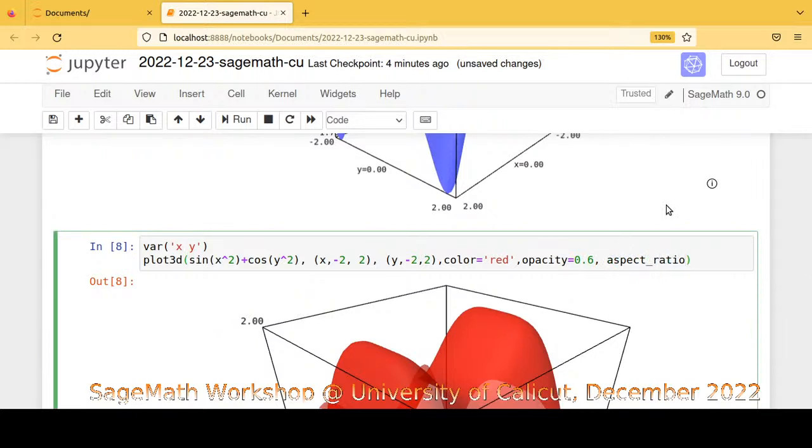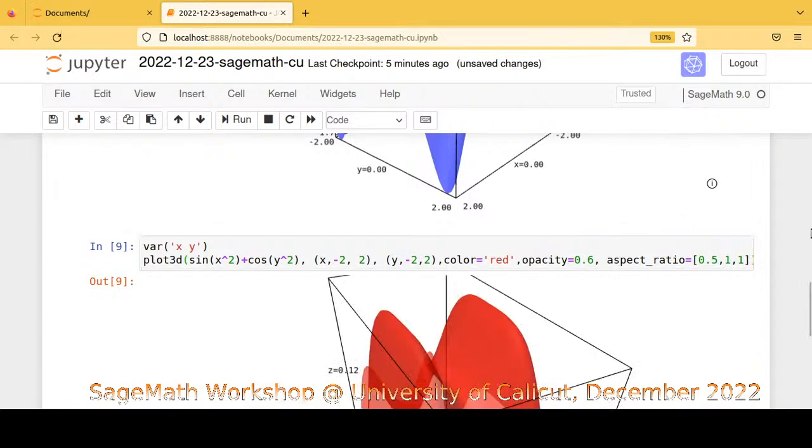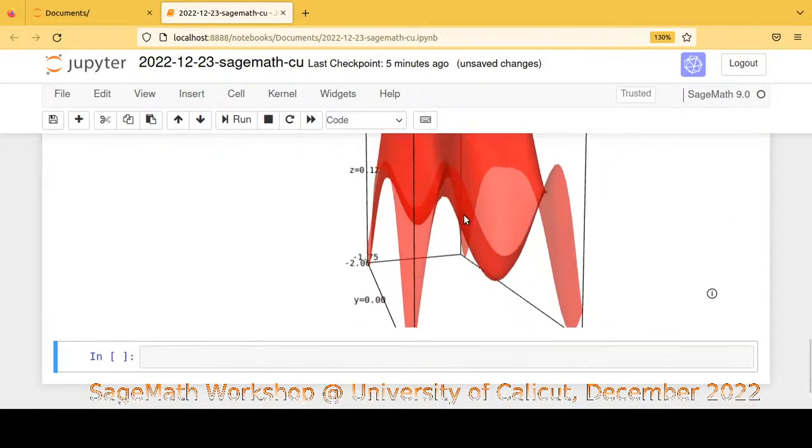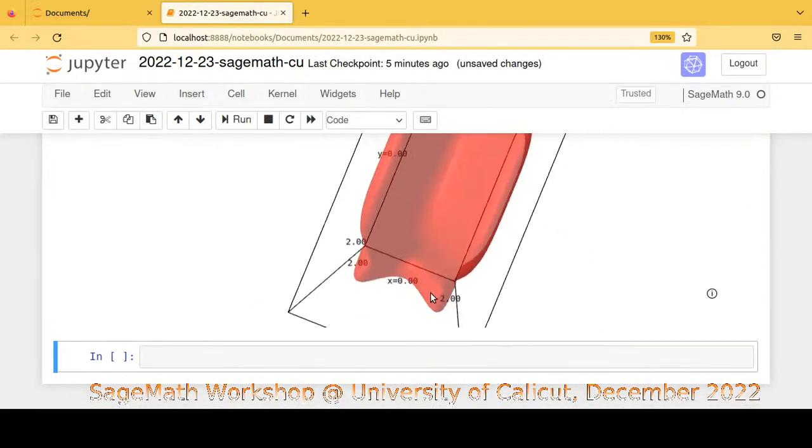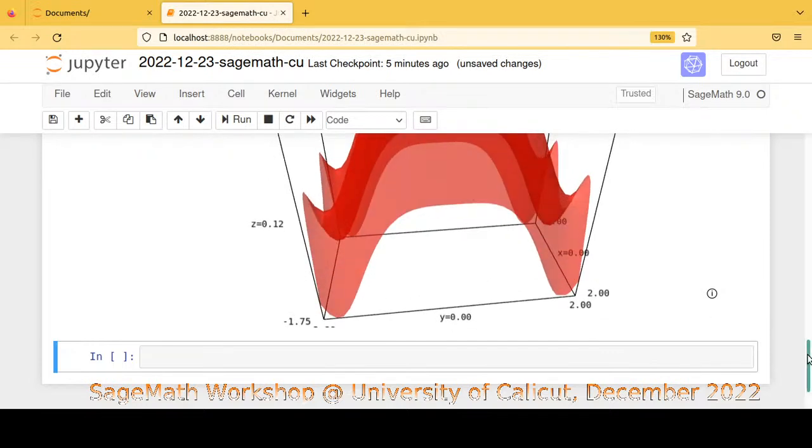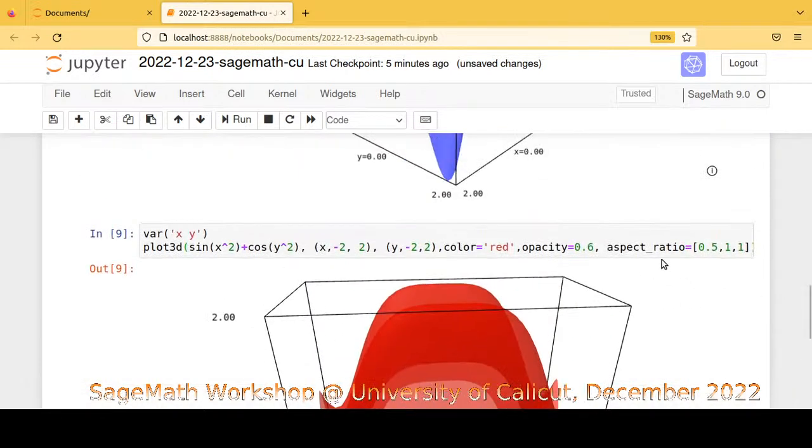Here in fact we can give the aspect ratio in all the directions: x direction, y direction, z direction. Suppose we give 1, 1, 1, which simply means give the same aspect ratio in all the directions. If we give 0.5, 1, 1, it means that you are reducing it in the x direction.